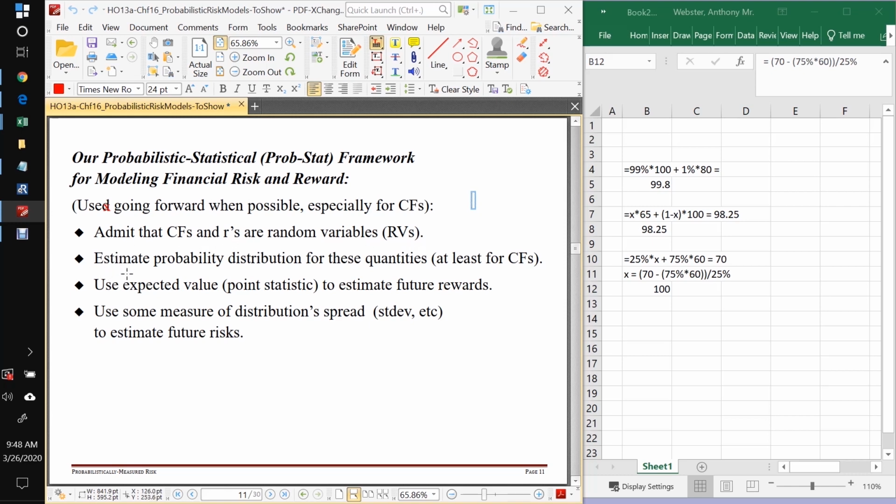We're going to estimate a probability distribution for these quantities, and we've pretty much just covered how we're going to cover cash flows for zero coupon bonds. And we'll use the expected value to estimate our future reward, and we'll use some measure of our distribution spread, standard deviation, or something like that, to estimate future risks.